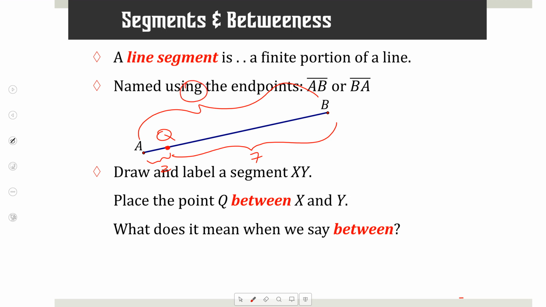How long is this? 9. Okay. Am I being oversimplified here? Yeah. The 2 little guys have to add up to be the big guy. Yes. Okay. Good. So we're going to carry that concept on into some of these further calculations. All right. So we're good with betweenness. Again, remember, it doesn't have to be in the middle. That's something later.